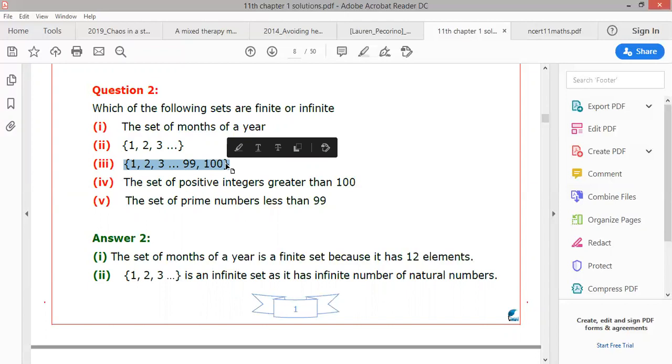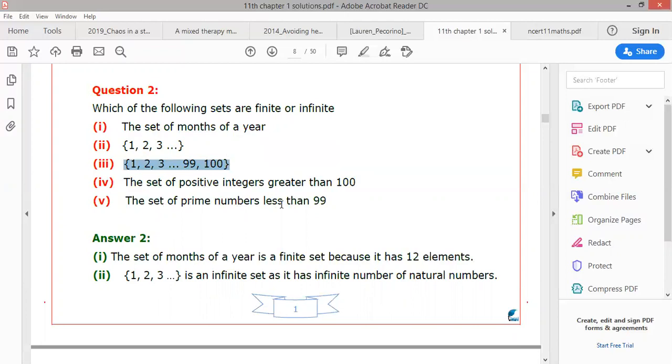It has 100 elements. The set of positive integers greater than 100. You have to start from 101. Up to what end you have to go? There's no end. This set has no last end. So we can say that this set is an infinite set.